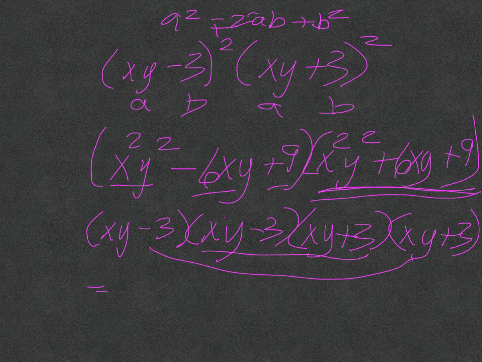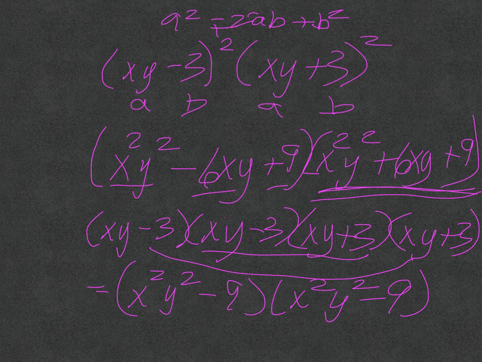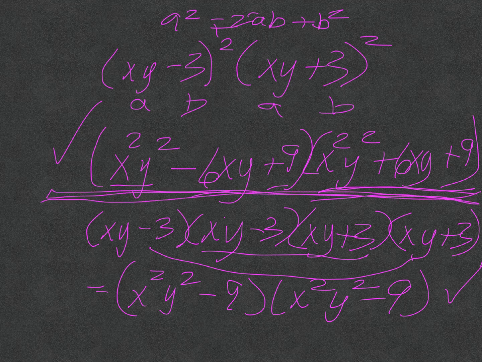So I could actually multiply this to x squared y squared minus 9 times x squared y squared minus 9. And if you multiply this out, you'll get exactly the same thing that you would get if you multiply that one out. And so that, I'll just draw this dividing line here so it's clear.